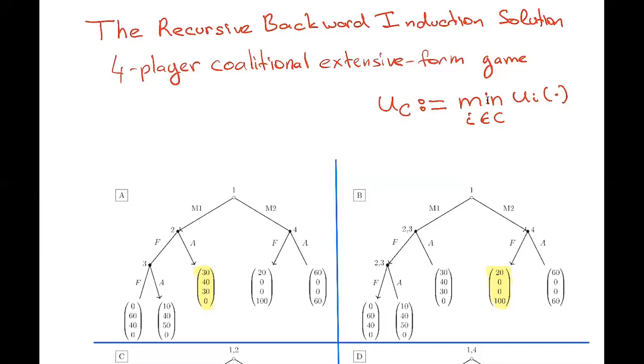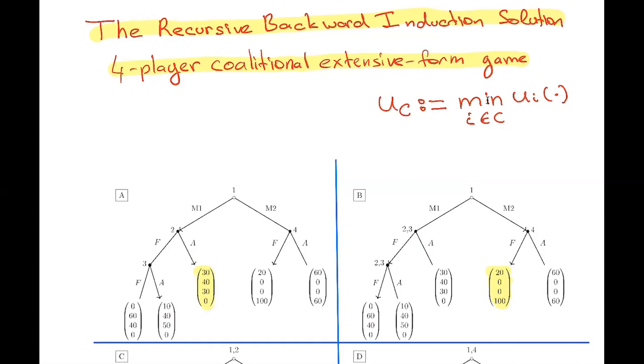In this video, I will solve a 4-player coalitional extensive form game by applying the recursive backward induction algorithm. A coalitional extensive form game is an extensive form game with an addition of coalitional utility function for each feasible coalition.